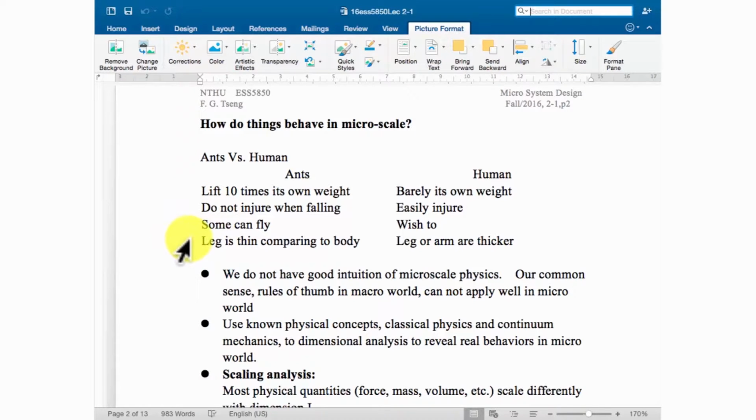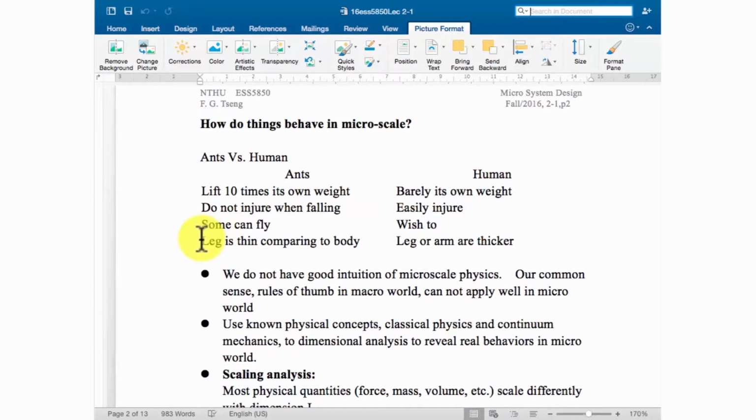Compared to its body, its legs are only like one-fifth or one-sixth. It's pretty thin. The human has a very thick leg compared to the body, like one-half. So we got very upset about these effects, actually.